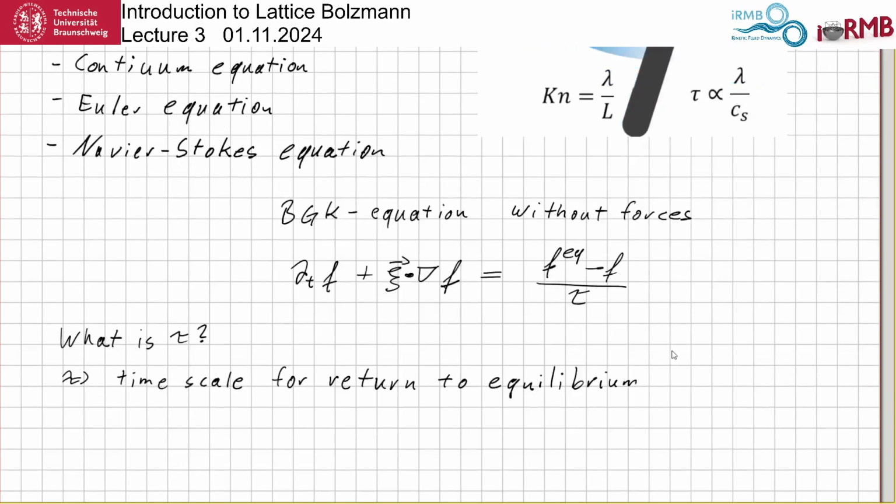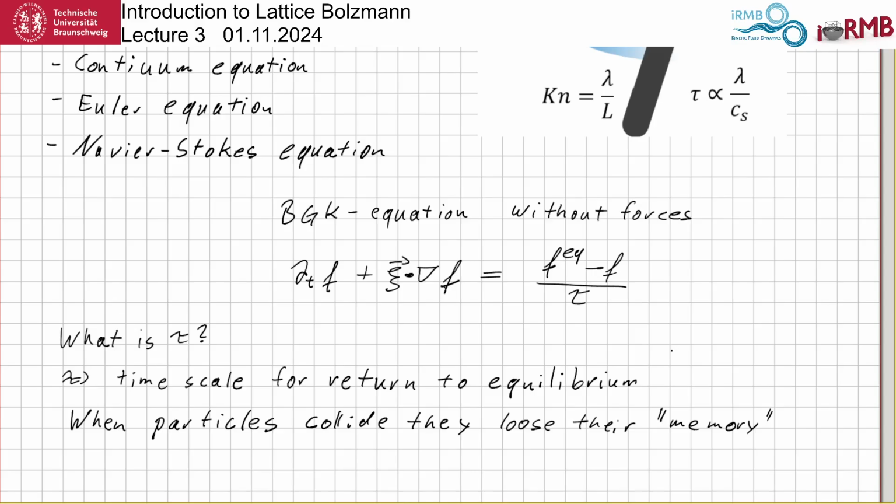So the idea here is, roughly, when particles collide, what happens is they lose their memory. It's a little bit like boxing. If you get hit very hard, you can lose your memory, you don't know what happened before. This is even true for particles.